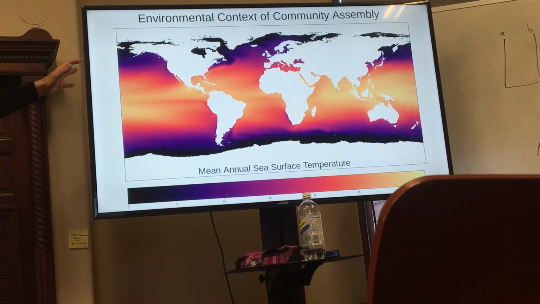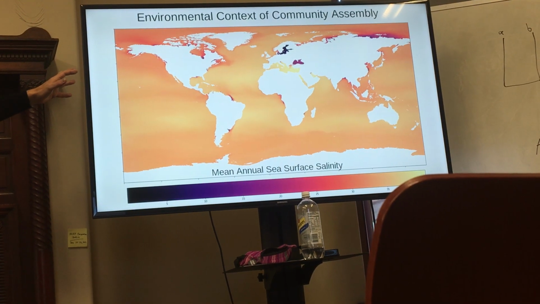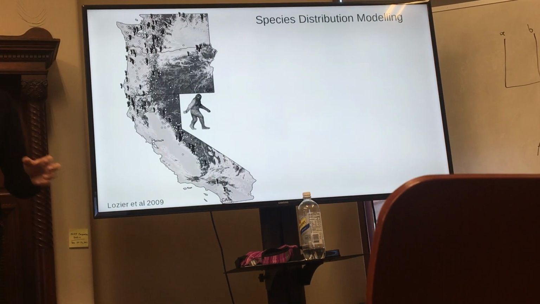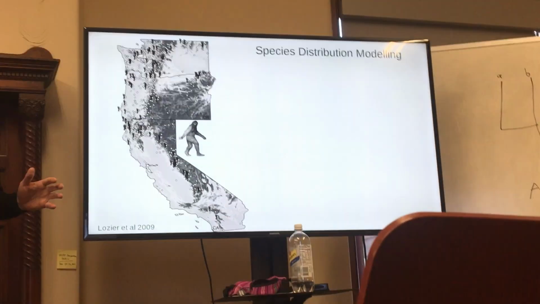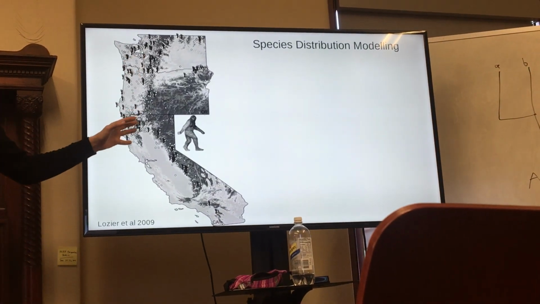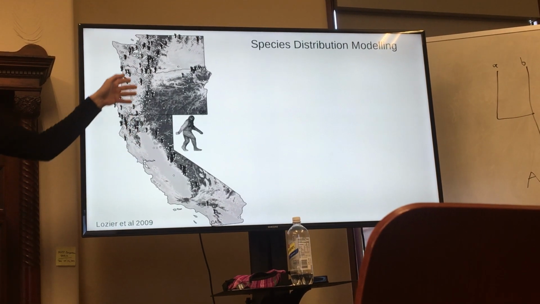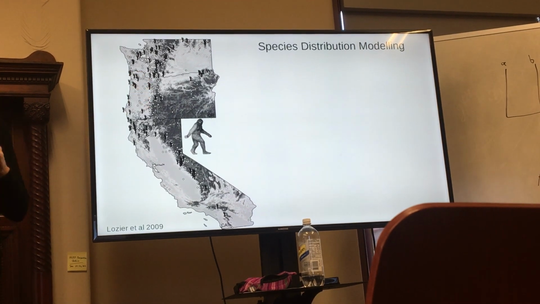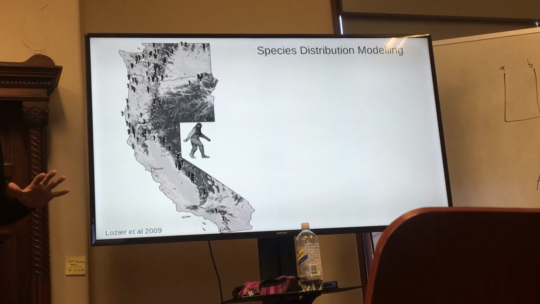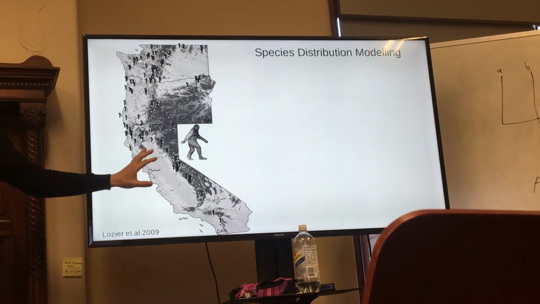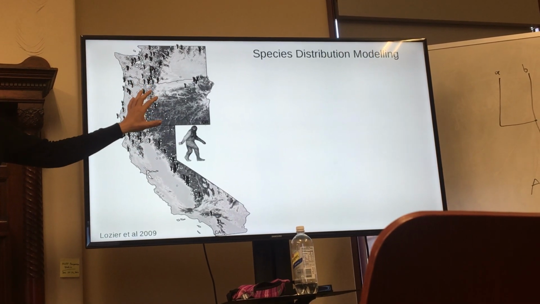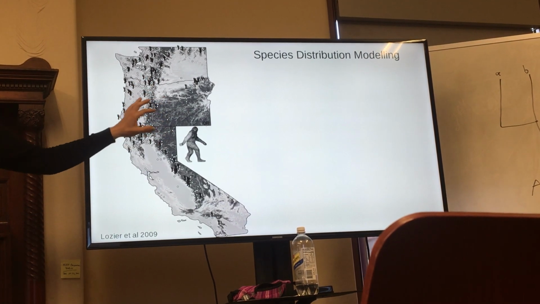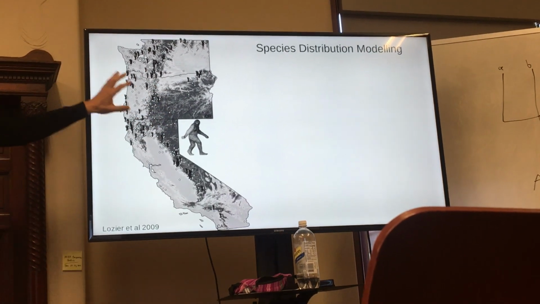We can take remote sensing data, sample individuals from a region, and extract the environmental conditions recorded where we see an organism and we know it to have been. And then we can project this across the landscape and say, here are all of the other regions that are suitable. People call this habitat suitability or species distribution modeling or ecological niche modeling. I don't really care what you call it. It's all kind of the same thing.